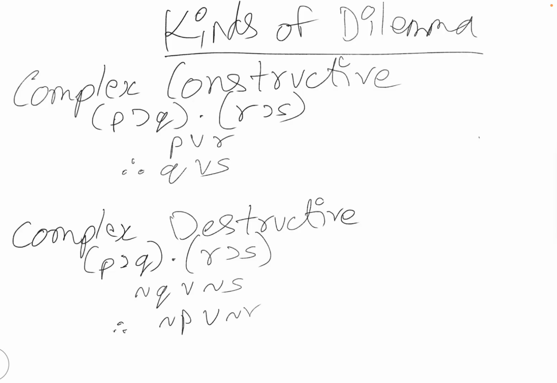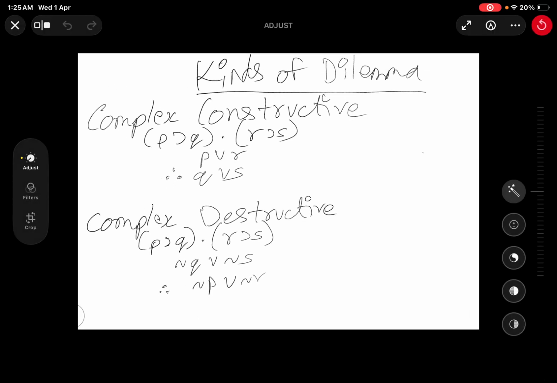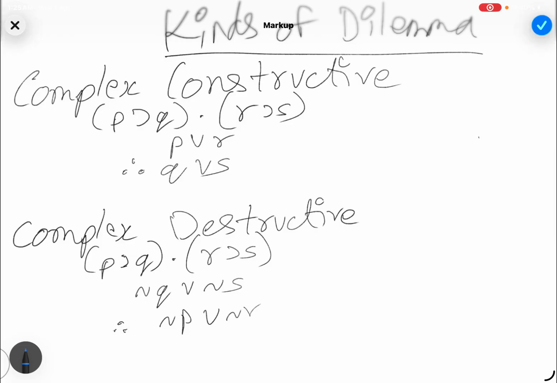In complex constructive, the minor premise will be the antecedent of both hypotheticals, and the conclusion will be the consequent of both hypotheticals. In complex destructive, the minor premise will be the negation of the consequent of both, and the conclusion will be the negation of the antecedent.